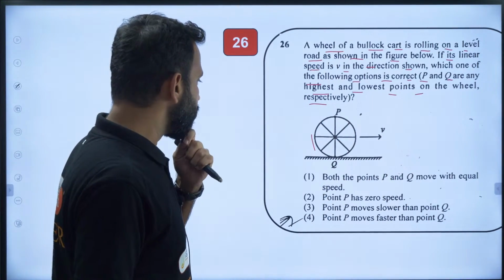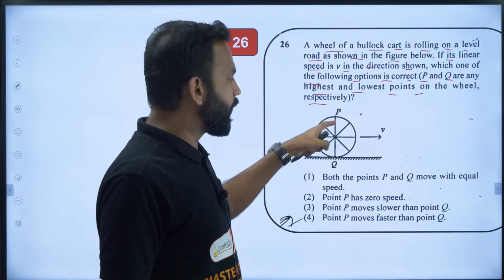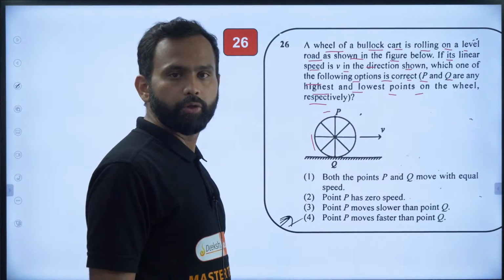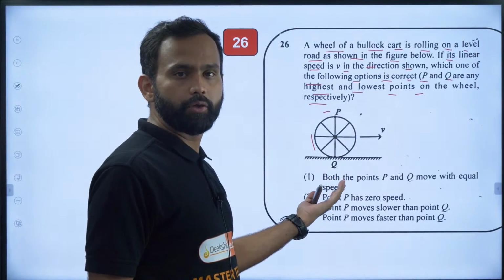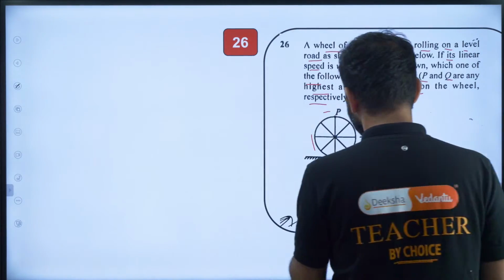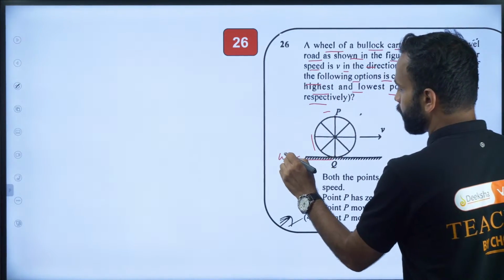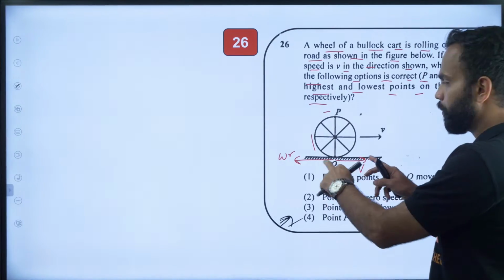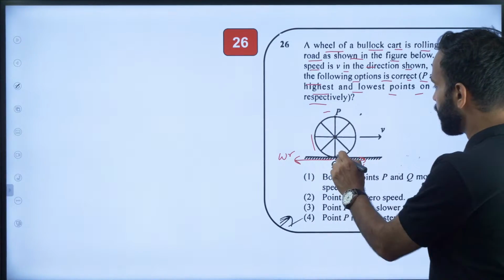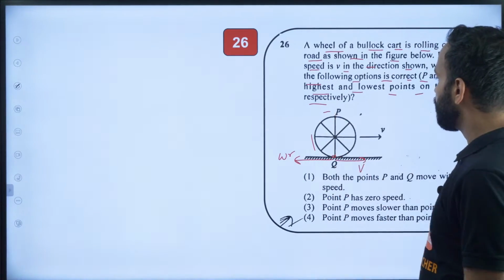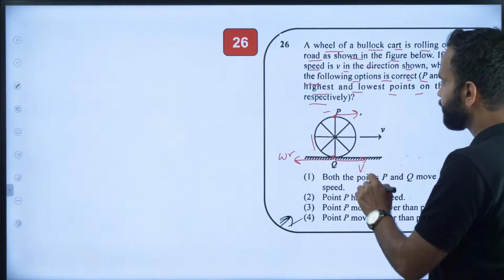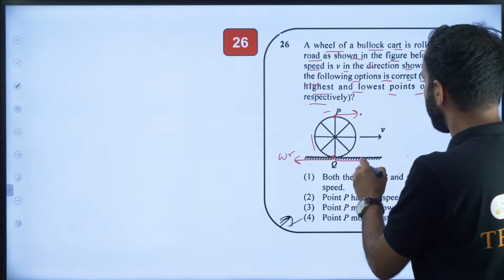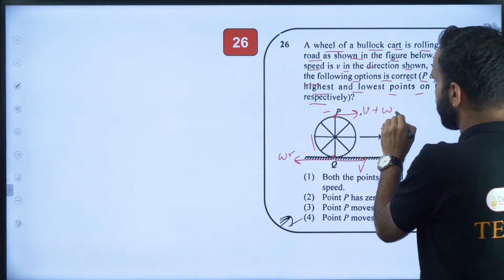Here we need to find the velocity of point P and point Q. Velocity of point Q is 0, right? Why? Because the direction of omega into r and the direction of v are opposite, so point Q has 0 velocity. The point P has the velocity v plus omega into r.